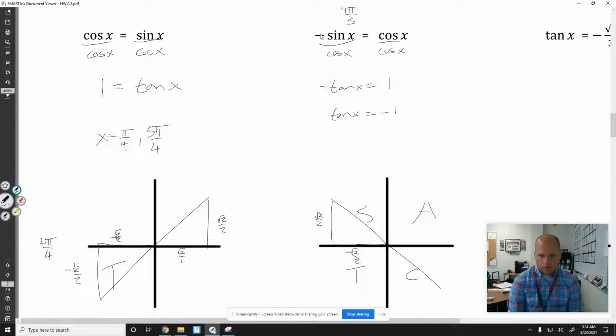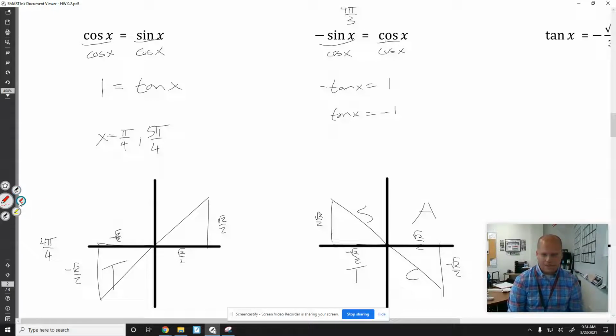Well, it's like, okay, so that'd be negative root 2 over 2 equals negative root 2 over 2. That works. That's balanced. This is the opposite of negative root 2 over 2. That's positive root 2 over 2. That's the sine value, equals positive root 2 over 2.